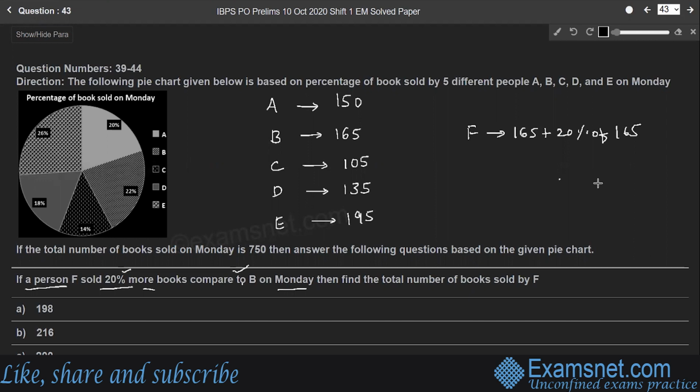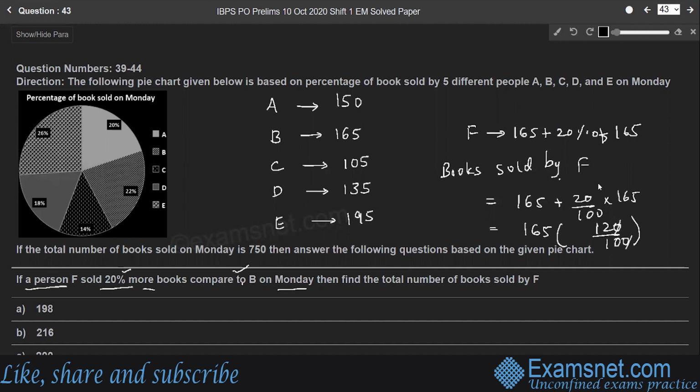Therefore, what is the number of total books sold by F? Books sold by F is equal to 165 plus 20 by 100 into 165, which is equal to 165, taking common, 120 by 100.